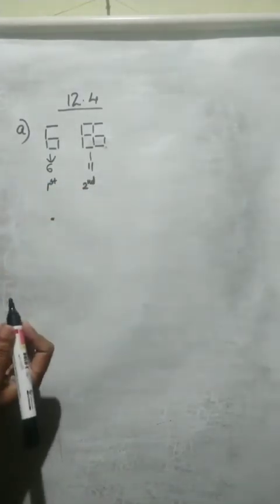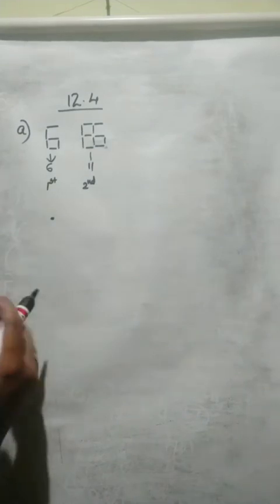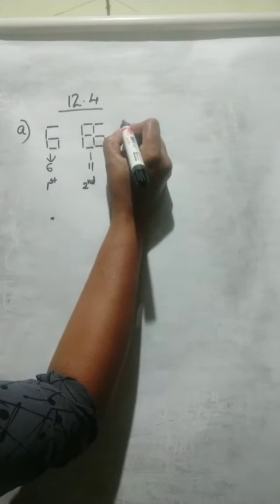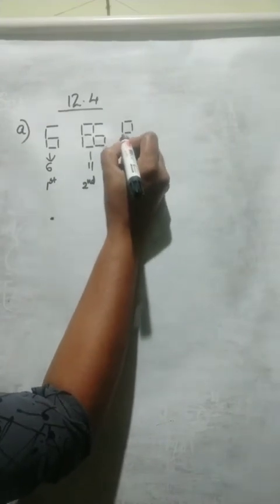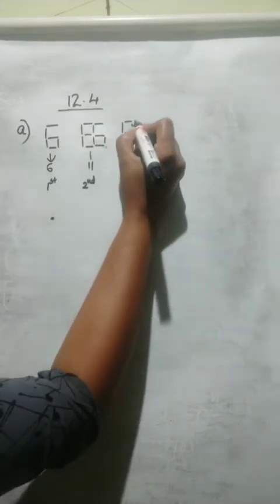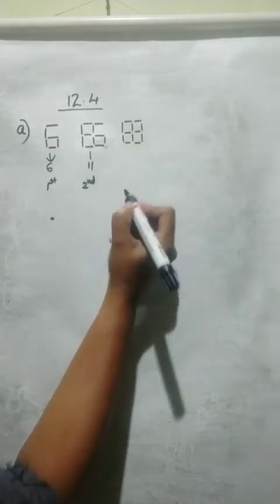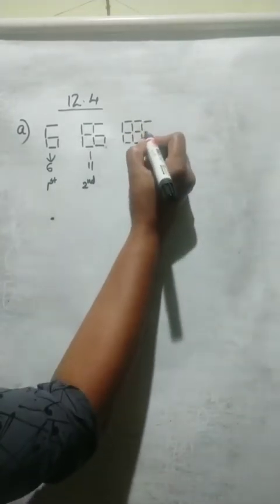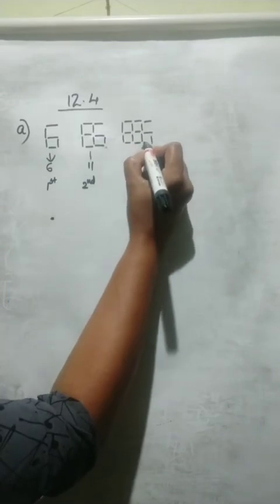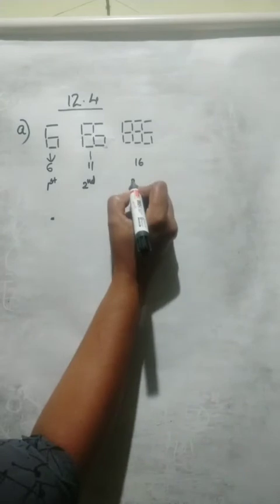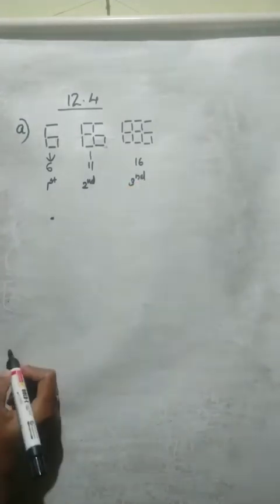Then now we are going to draw third digits made by line segments. Then 1, 2, 3, 4, 5, 6, 7, 8, 9, 10, 11, 12. Then 13, 14, 15 and 16. So 16 are there. This is the third one. Okay.